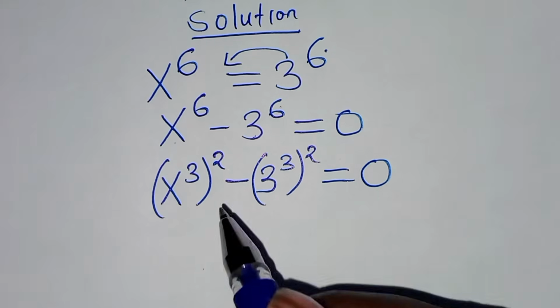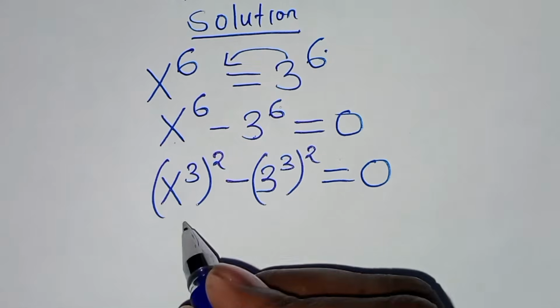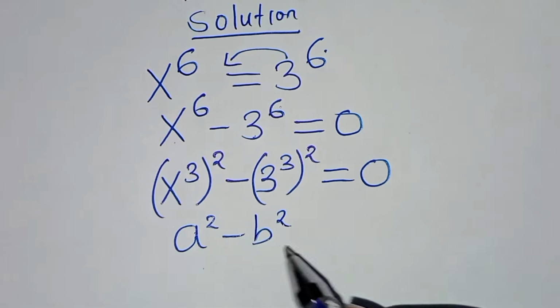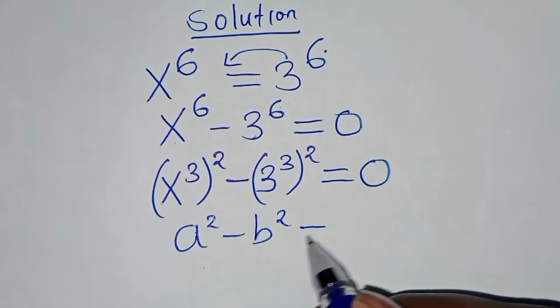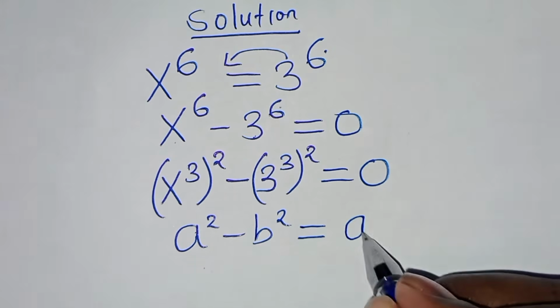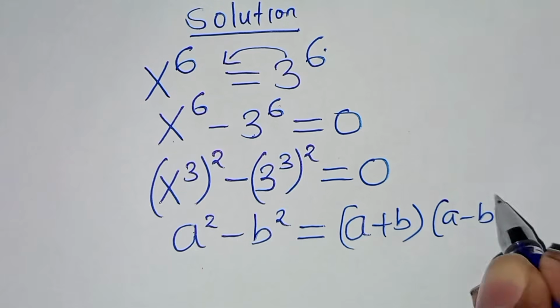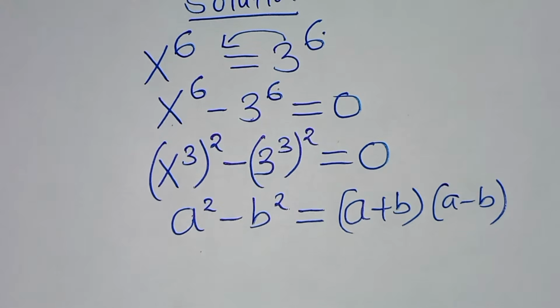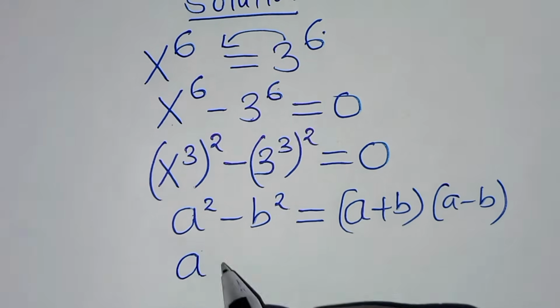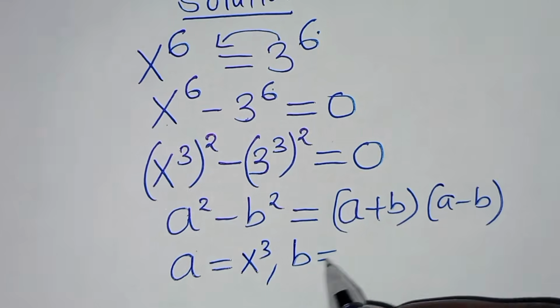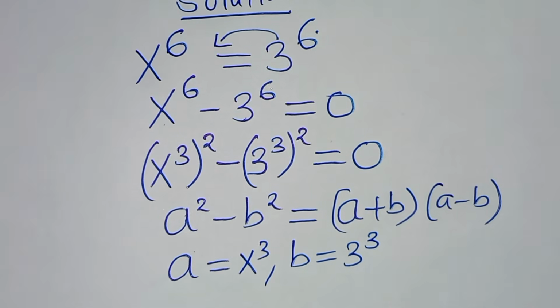The next step is that this equation is in the form of a squared minus b squared, which is the difference of two perfect squares, which we can express as a plus b, a minus b. In this case, a is equal to x to the power 3, b is equal to 3 to the power 3.